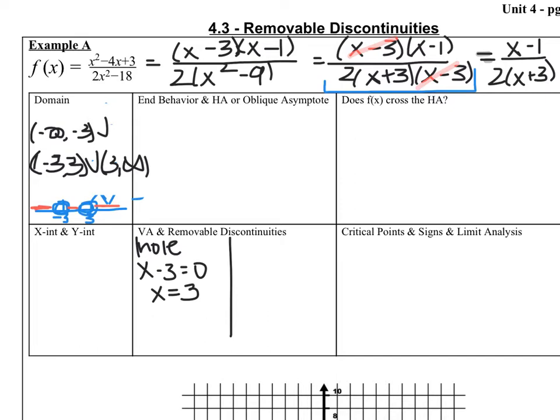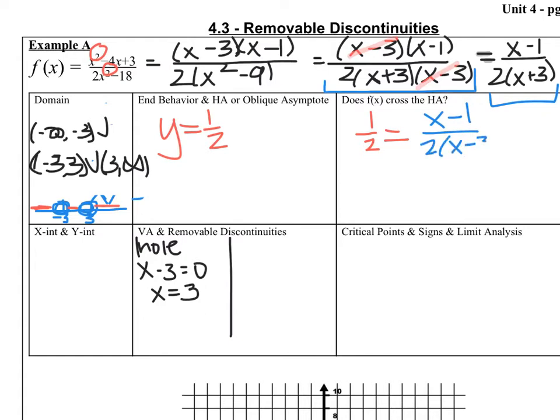Now let's look at our horizontal asymptotes. So my degree of the numerator is 2, denominator is 2, so it's going to be y equals the ratio of their coefficients. So to see if it crosses, we set our function equal to our horizontal asymptote. And I'm going to use this simplified one because I've already taken out that hole, and it's going to make my life a little bit sad if I still have that hole.